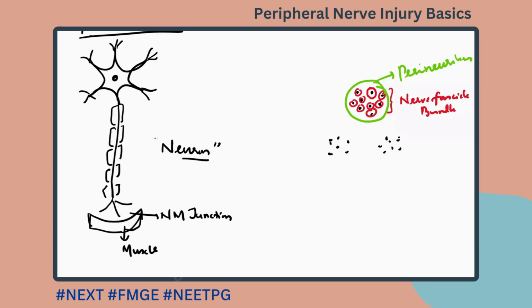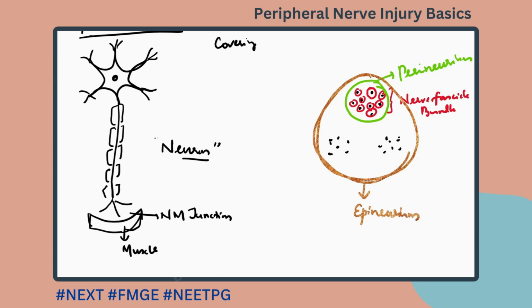Now all the nerve fascicles join together and form the nerve. The entire nerve is surrounded by a structure called the epineurium. So whenever you see the coverings of a nerve, there will be endoneurium, perineurium, and epineurium.